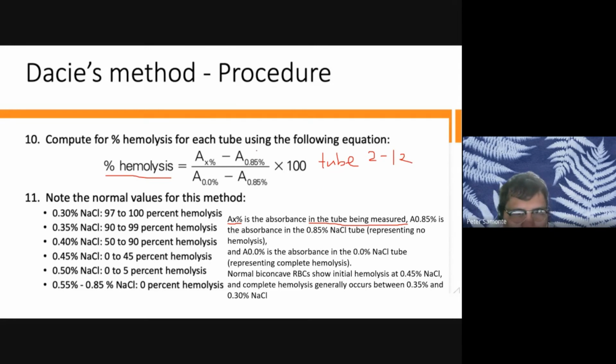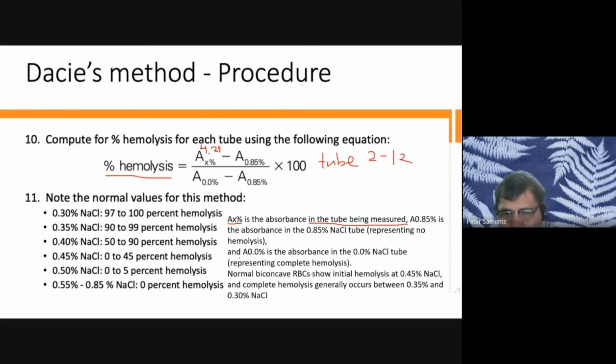Okay? So let's say for tube 2, class, you got a reading of 4.29. Then you're going to subtract it by the absorbance of 0.85%.